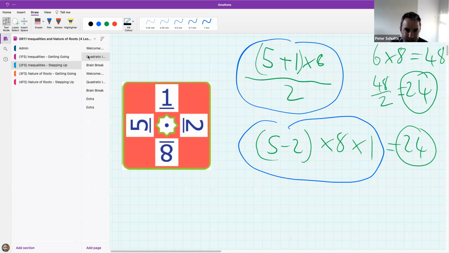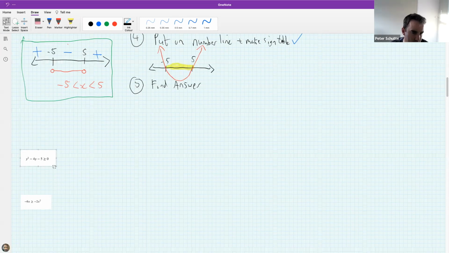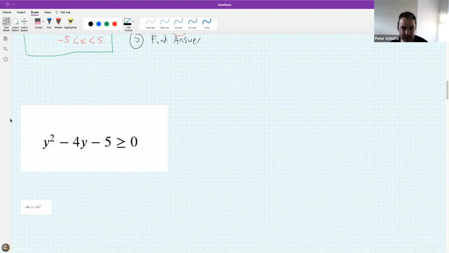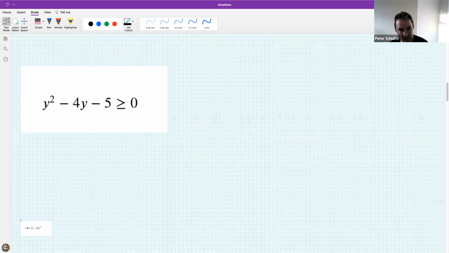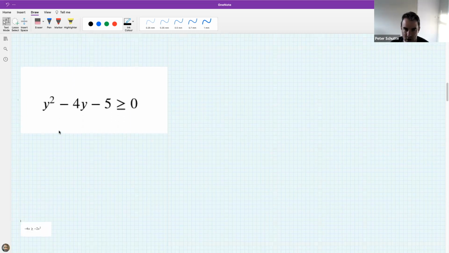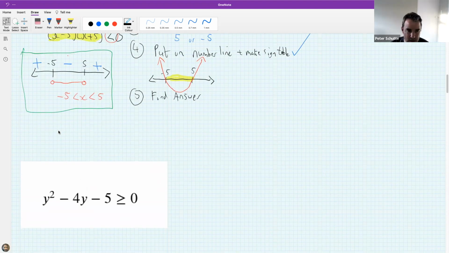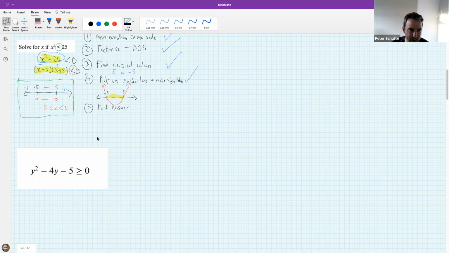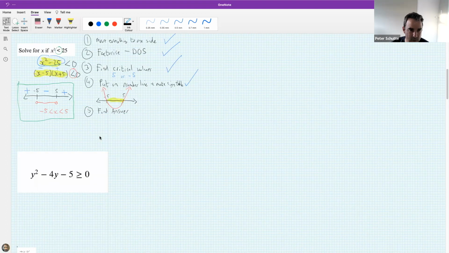All right, let's go back to this thing called quadratic inequalities. I want you guys to have a crack at solving this quadratic inequality. I will take questions as we go. If you would like to ask a question about the previous one, let me leave it up on the screen so you can use that as a helpful guide.